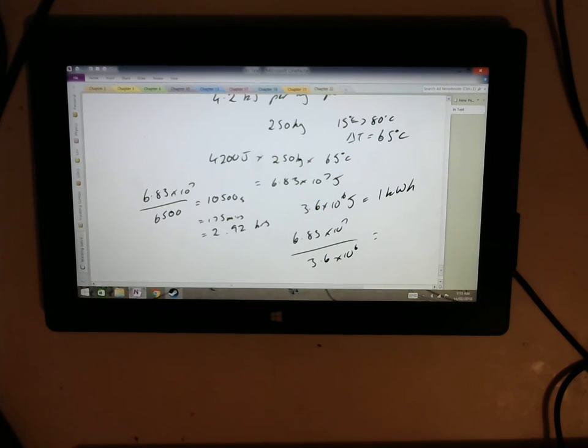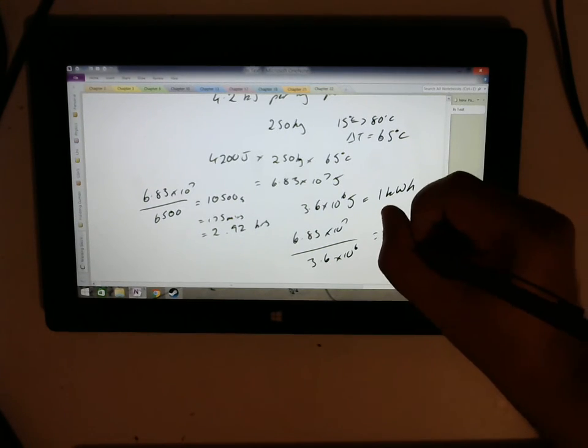Let's use Wolfram Alpha. Obviously, my Windows calculator is not doing too well. 6.83 times 10 to the power of 7 divided by 3.6 times 10 to the power of 6, because that should be closer to around 18-ish. There we go, 18.97.